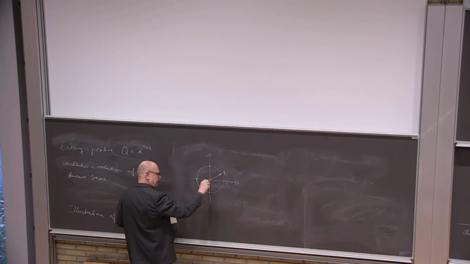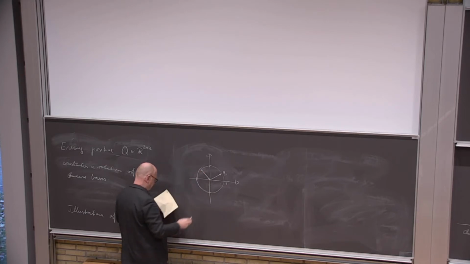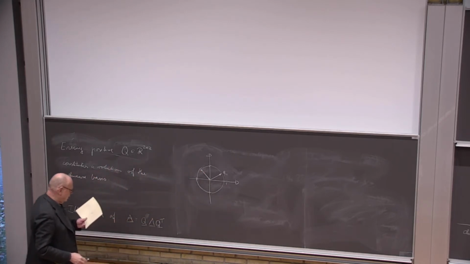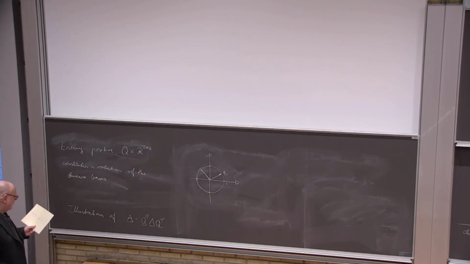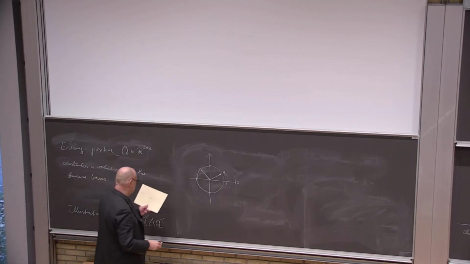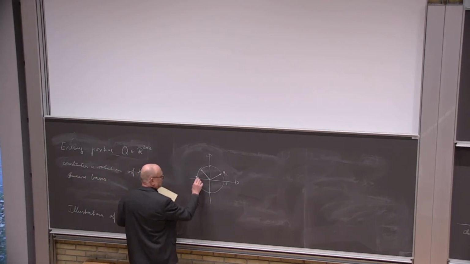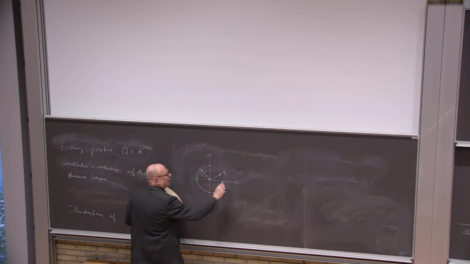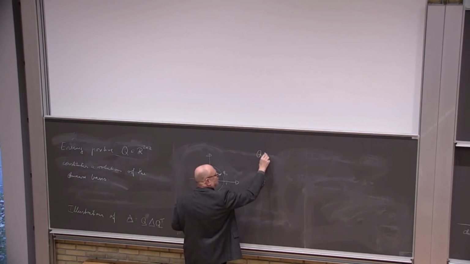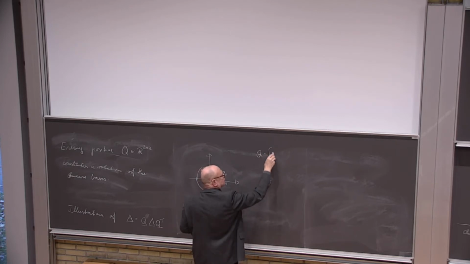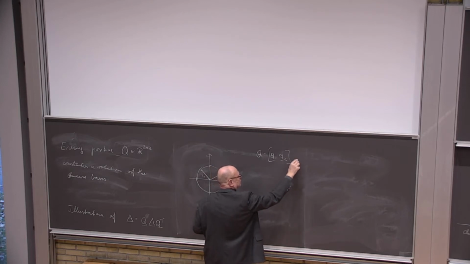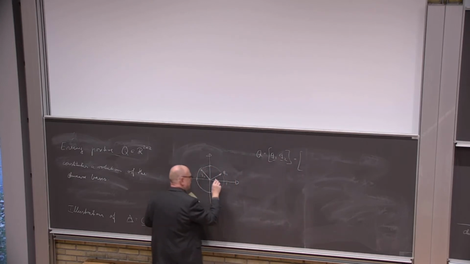And then I can take the orthogonal vector here, and then I will call this Q2. And then my matrix here is Q1, Q2, these two vectors.